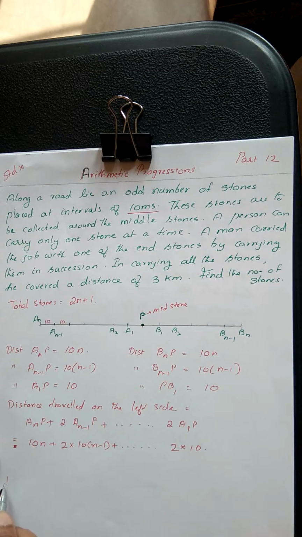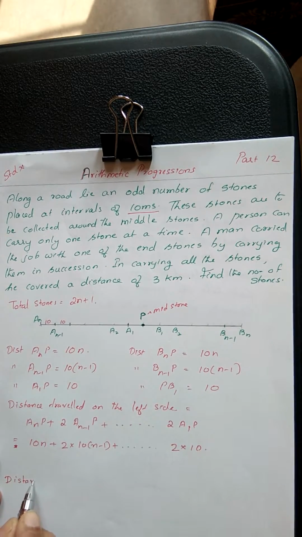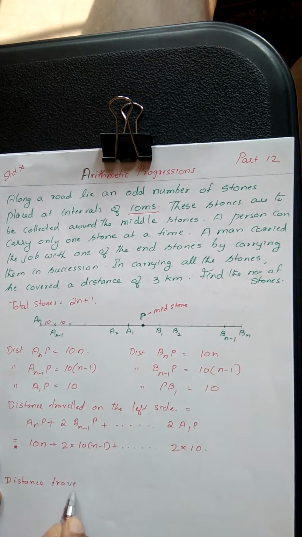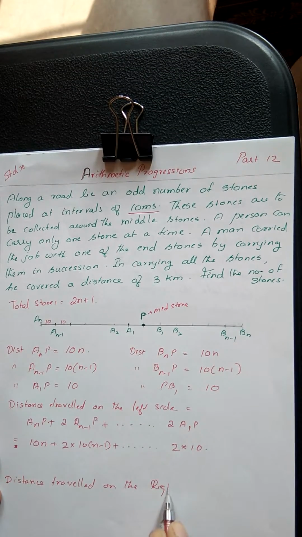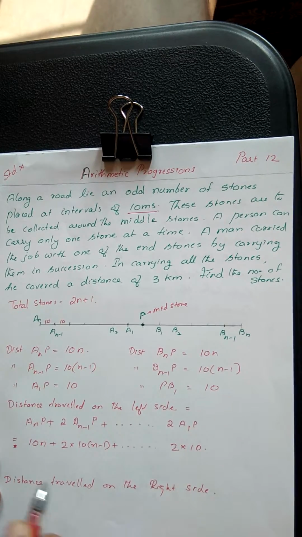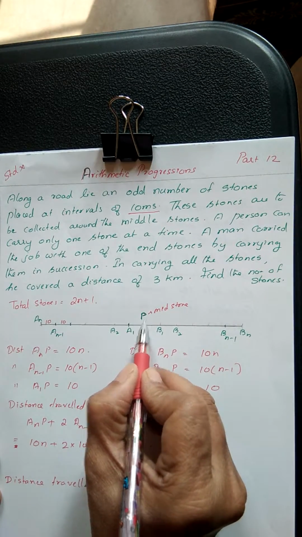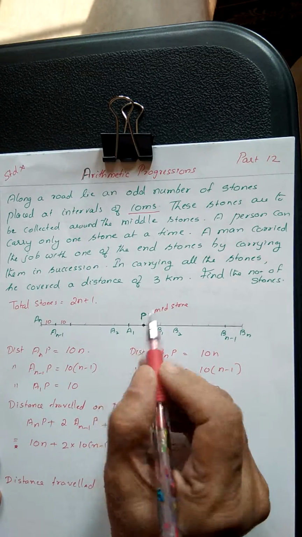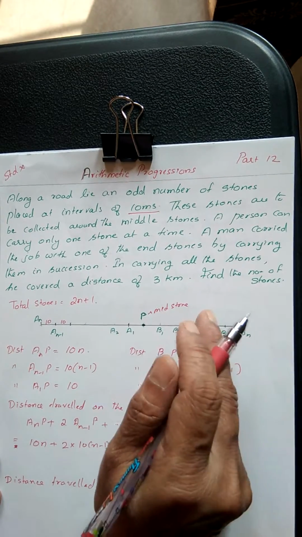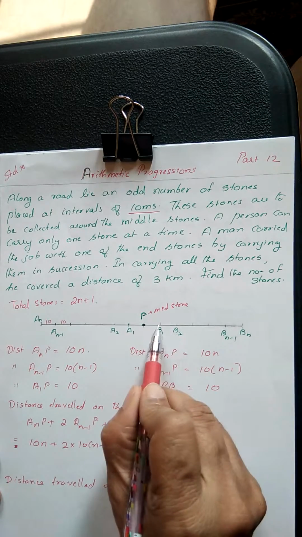Now the distance travelled on the right side. Now he is at this point. From here again he will go to BN, collect the stone and come back to the same place. So again the distance travelled will be twice. Then again he will come back to this place.